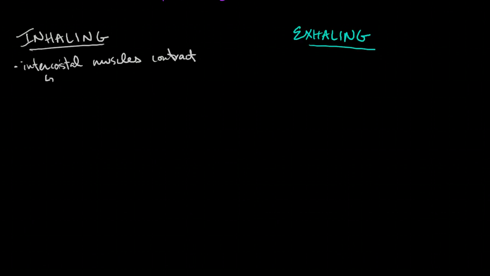So when you breathe in, what this actually does is it moves your ribs up and out. And I hope that you're consciously observing what's happening to your body when you breathe in. So breathe in, and you notice that your ribs come out.